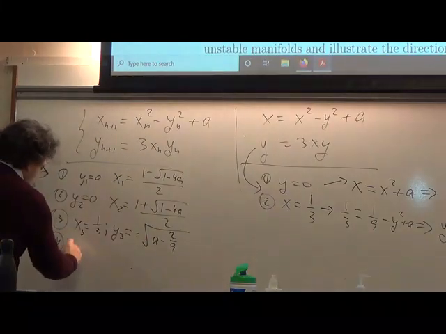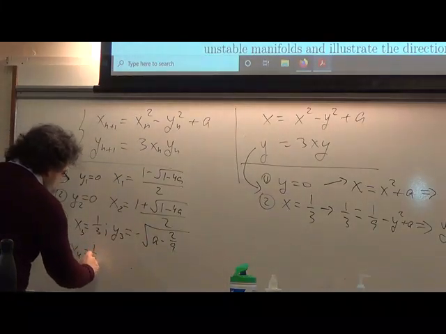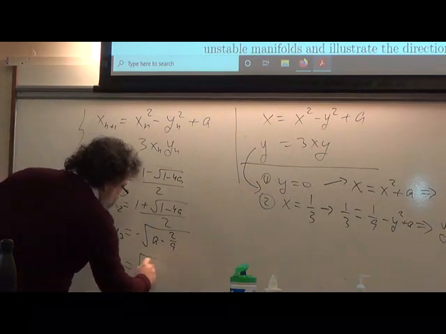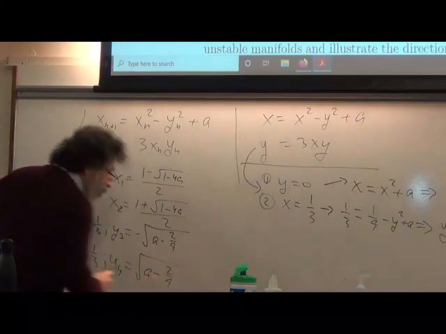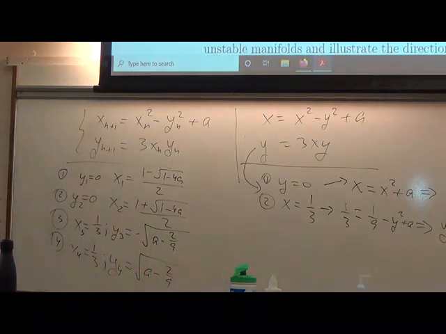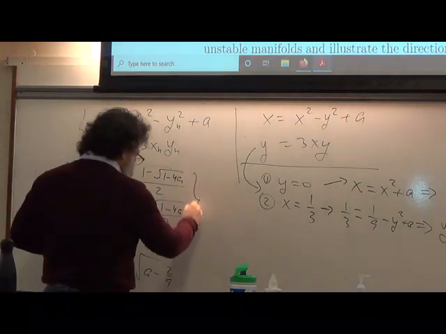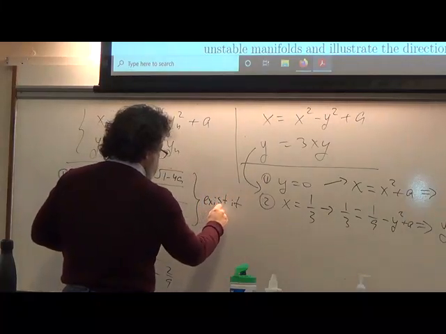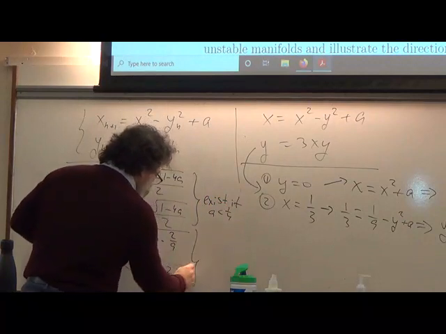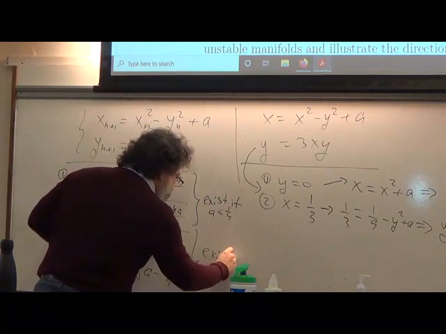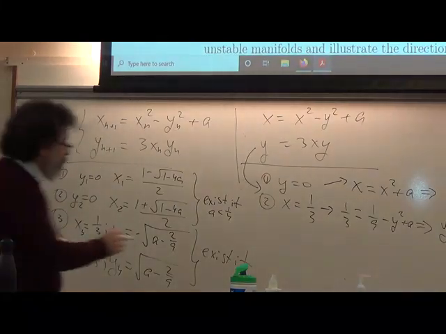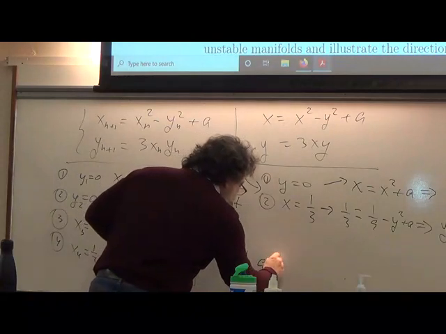And fourth, x4 equals 1 over 3, and y4 equals square root of a minus 2 over 9. Good. Now, we know that these two exist if a is less than a quarter, and these two exist if a is more than 2 over 9.